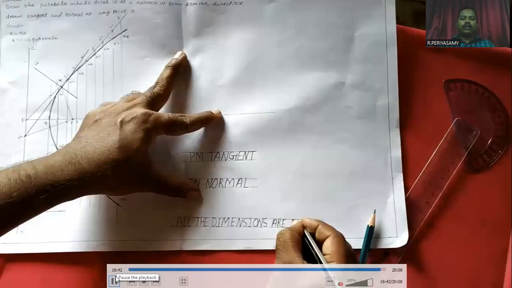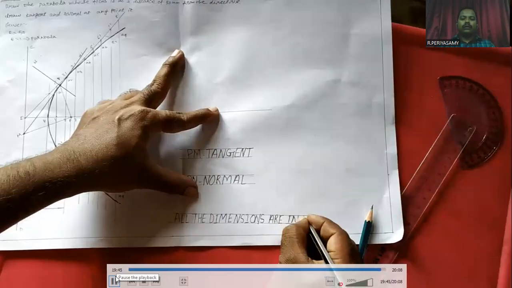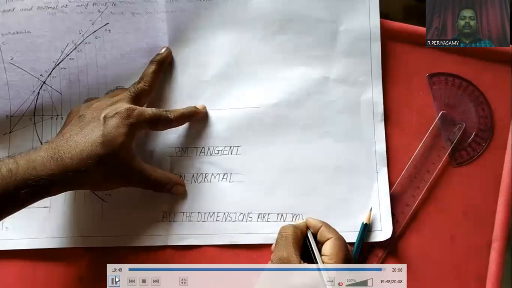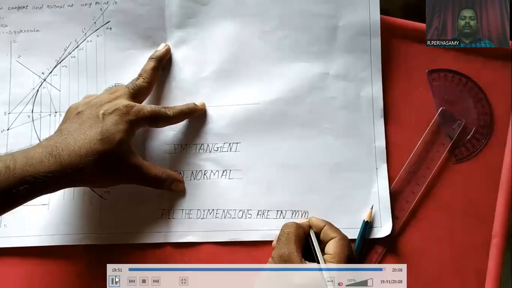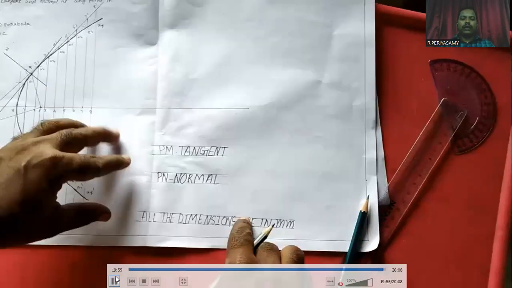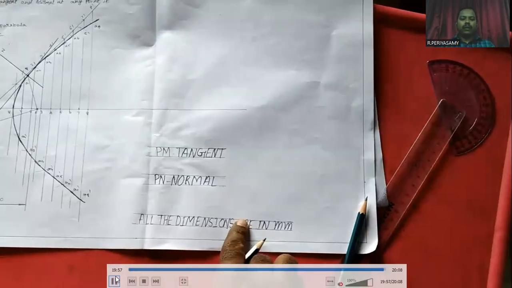Here we have to mention it. This is the final output of the problem.